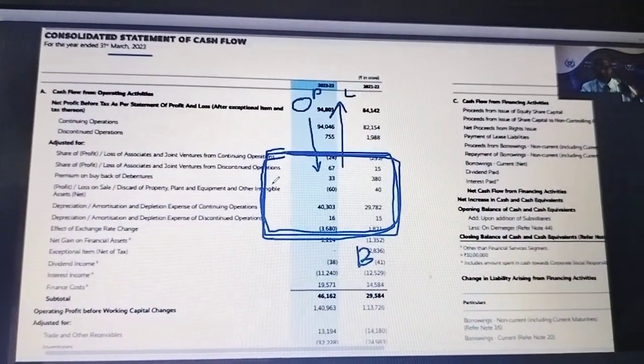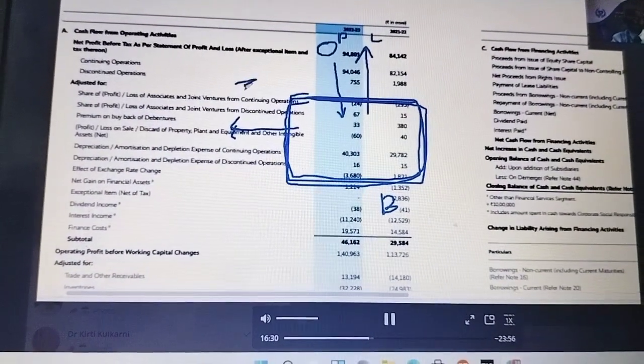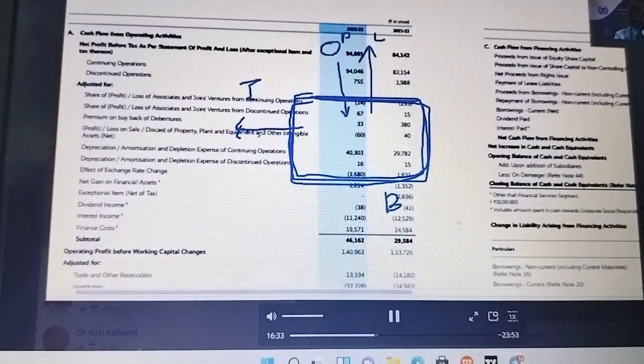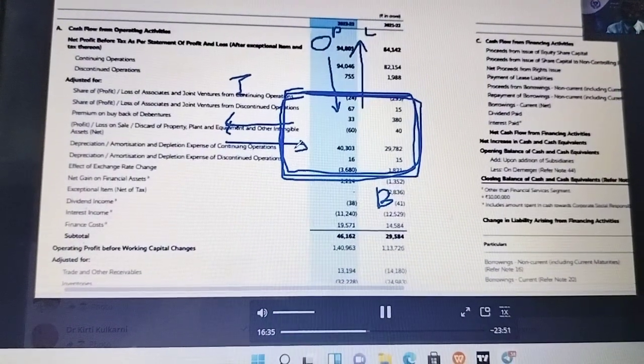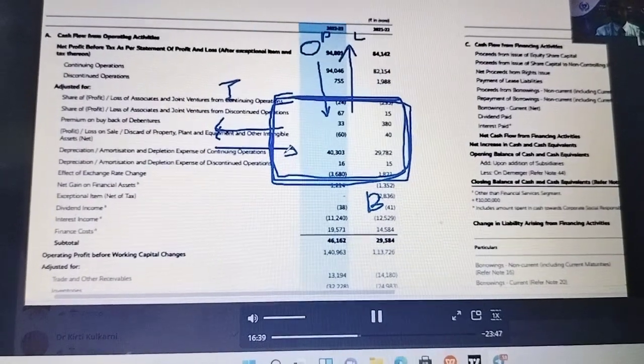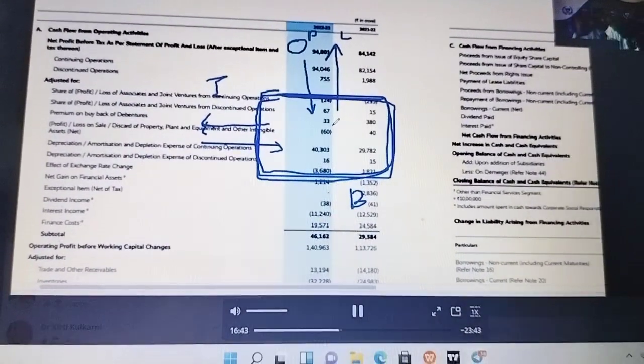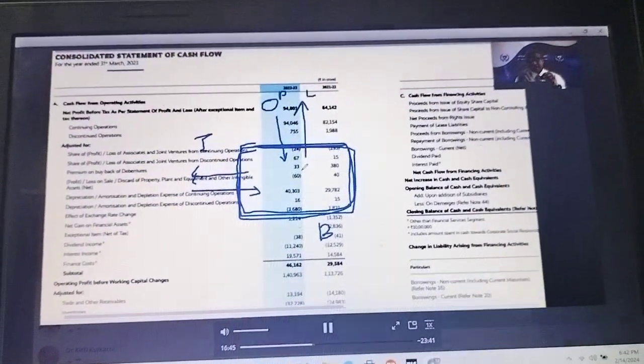Suppose you buy assets, money will go out. So if you do the investment, money will go out. If you sell the investment, money will come in, right? Investment is some land or building. If you buy land or building, money goes out. So this is money flow, or cash flow, cash and cash equivalent.